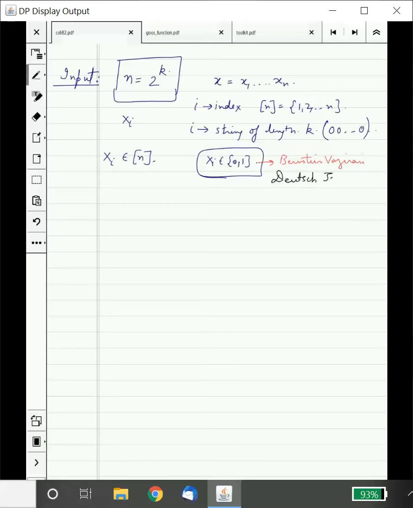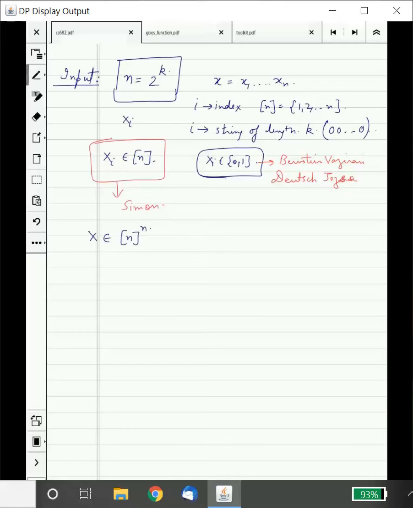But for Simon's algorithm, it is going to be slightly different. xi is an element of [n]. In other words, I can say that if I want to talk about my input, this input is an element of [n] to the power n. This is one way to think of it.